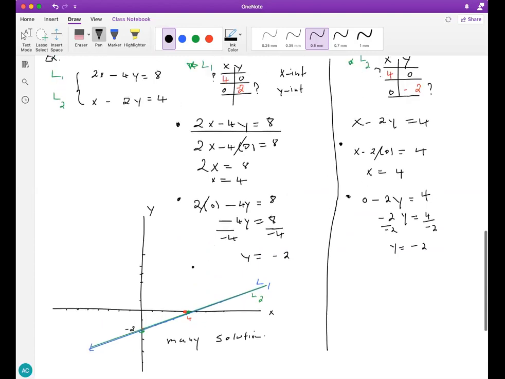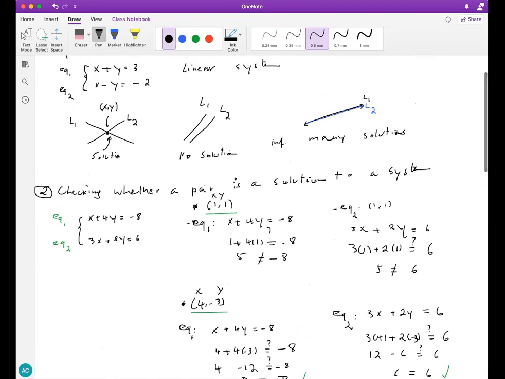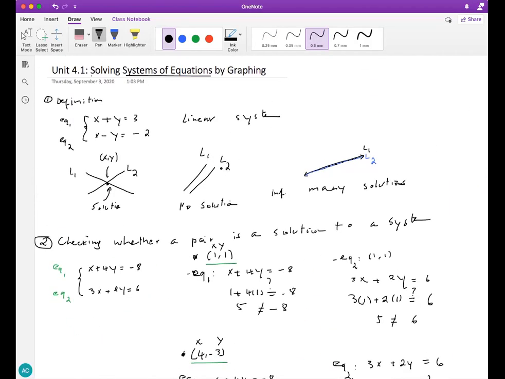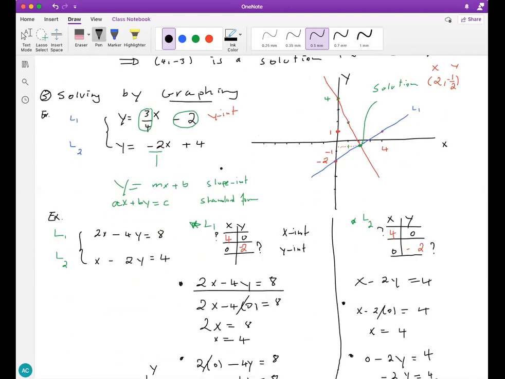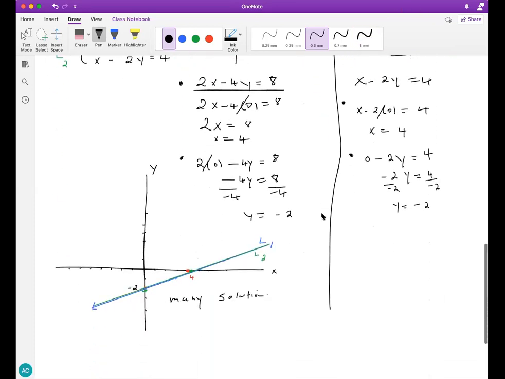Okay, overlapping lines. And that's pretty much how you solve linear equations by graphing. When you graph both lines on the same graph, then you see how they behave.